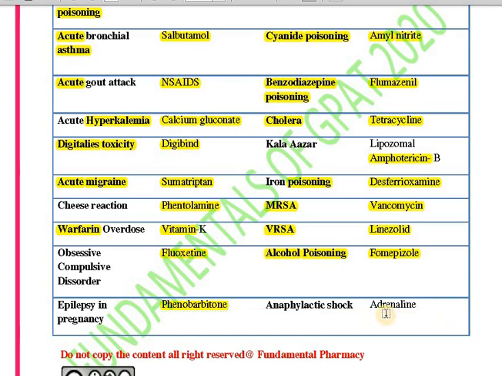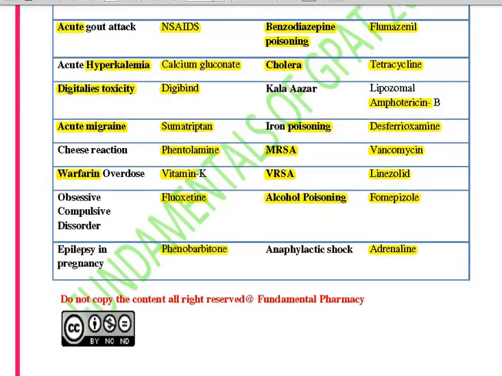And what is the drug of choice for anaphylactic shock? Adrenaline is a drug of choice in anaphylactic shock, and isoprenaline is preferred over adrenaline in case of cardiogenic shock. So you must remember. These were a few conditions and their drug of choice.